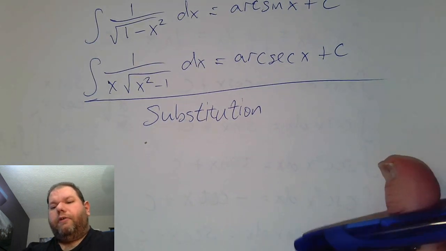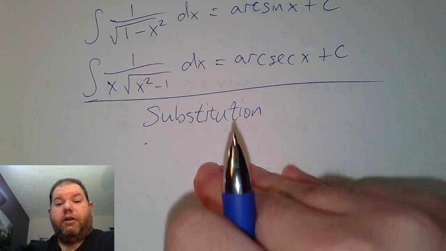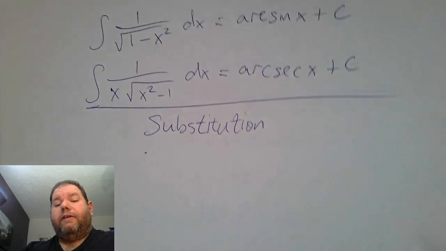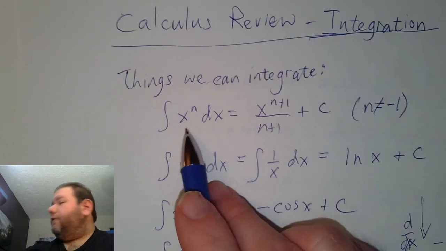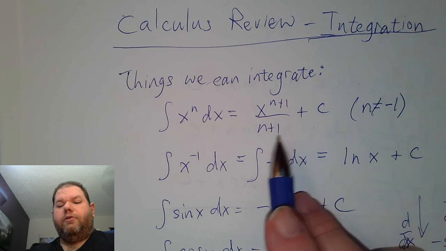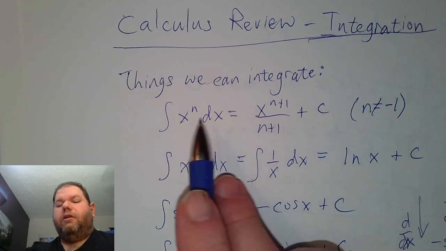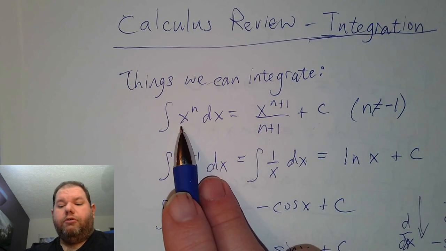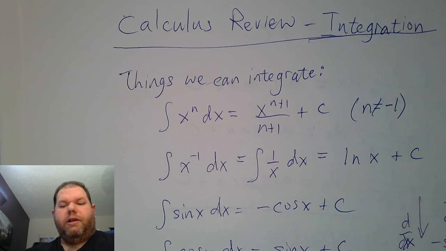Now, all of these formulas that we've looked at already, basically they can be used with substitution and to any extent. Like if we have x to the n dx, we know it integrates to x to the n plus 1 over n plus 1 plus c. Even if we change x to a u, the same principle still applies.